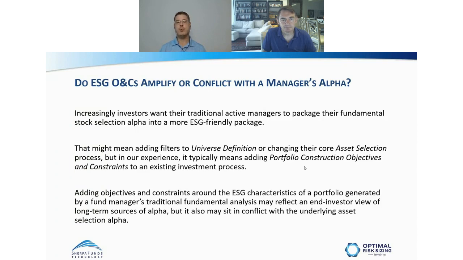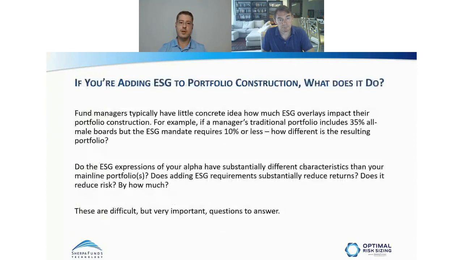And so in practice, you need to have a way to think through how these ESG requirements, how ESG objectives and constraints interact with my alpha, interact with the way that I choose stocks and what that means in practice for my portfolio's performance.